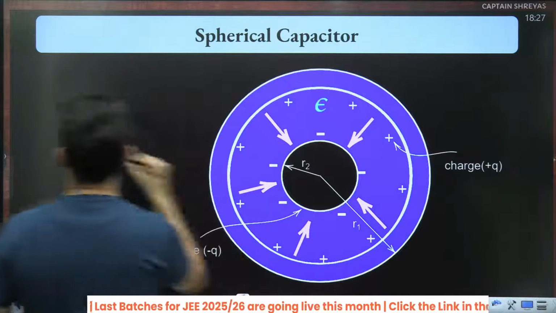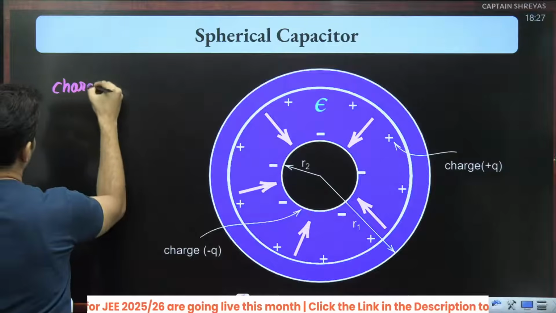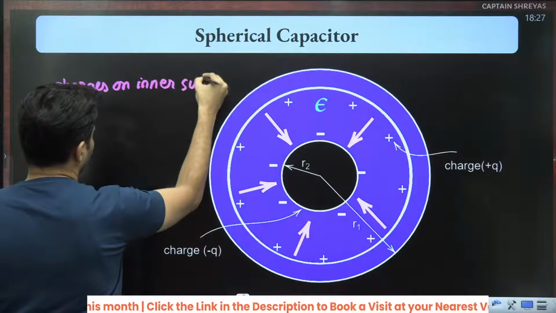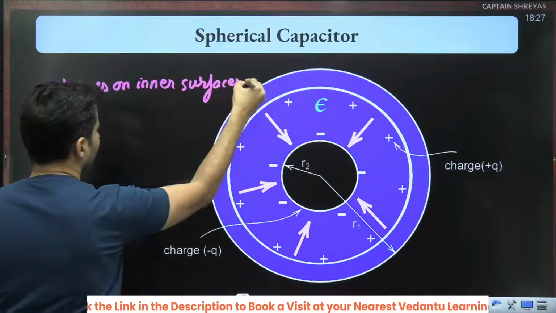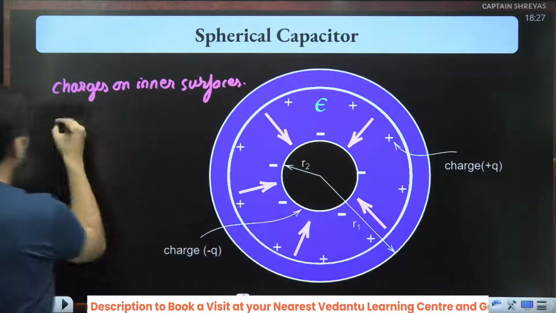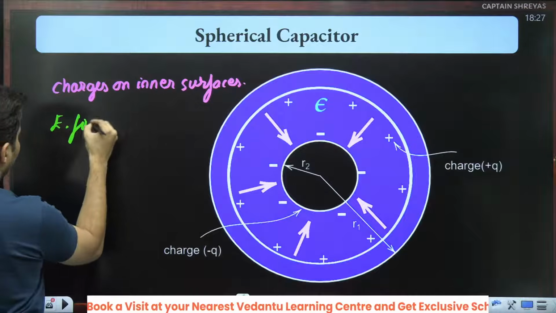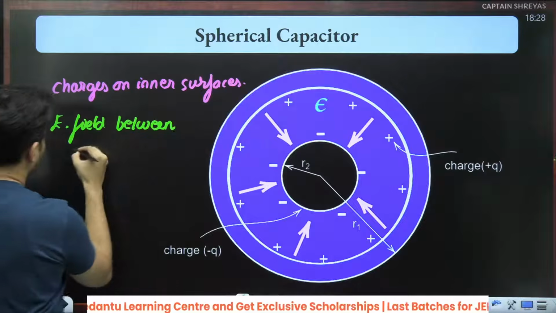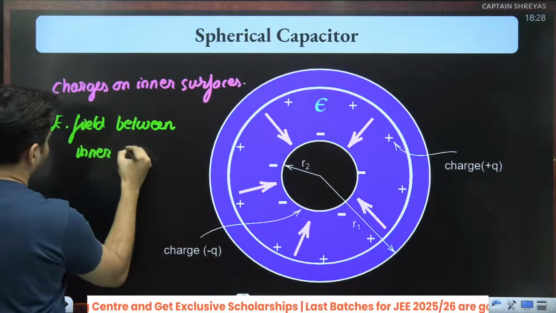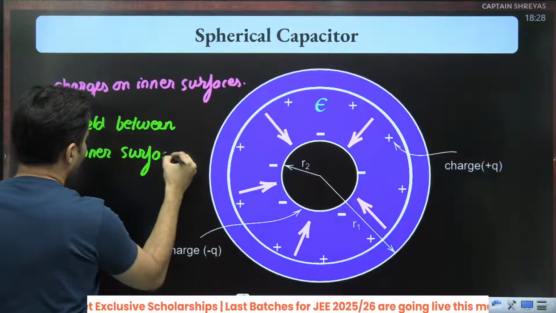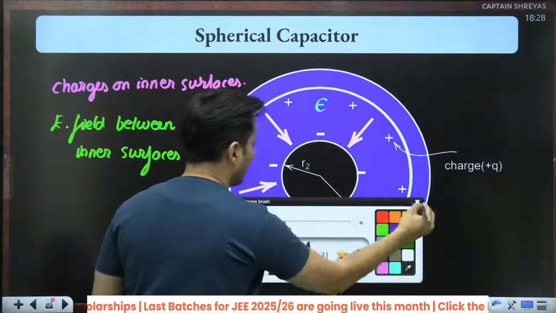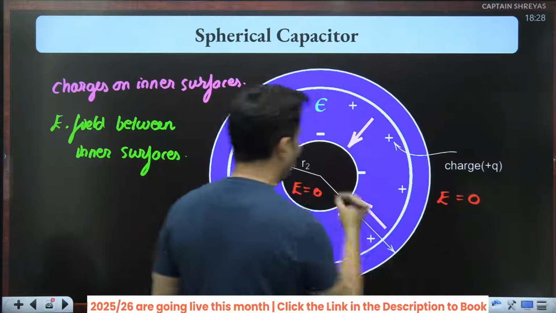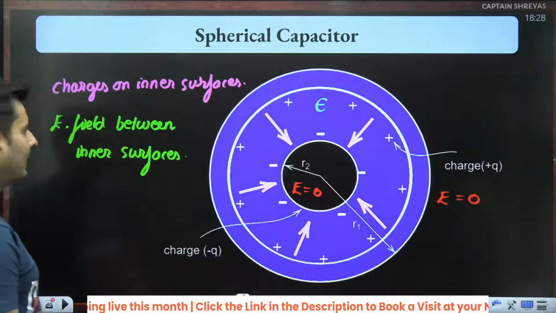So charges are on the inner surfaces only. And also the electric field is between the inner surfaces. If somebody checks also what is the electric field here, it will be 0. Only in between there will be electric field.